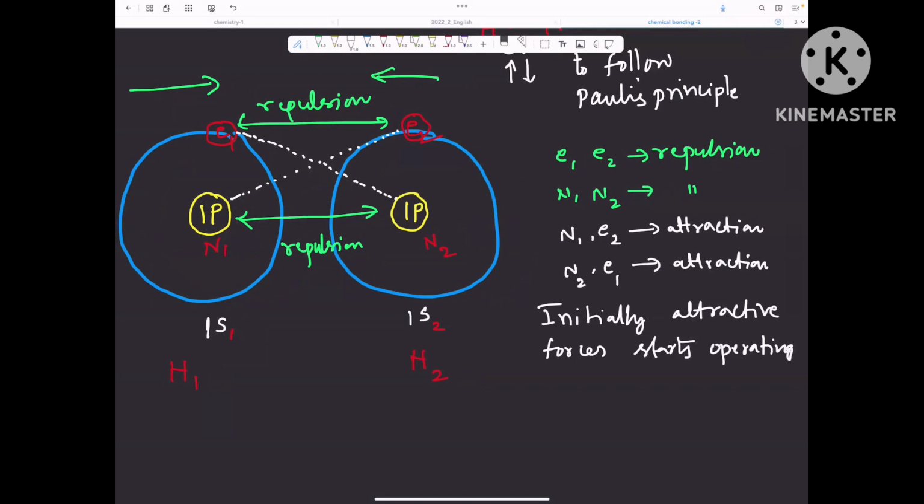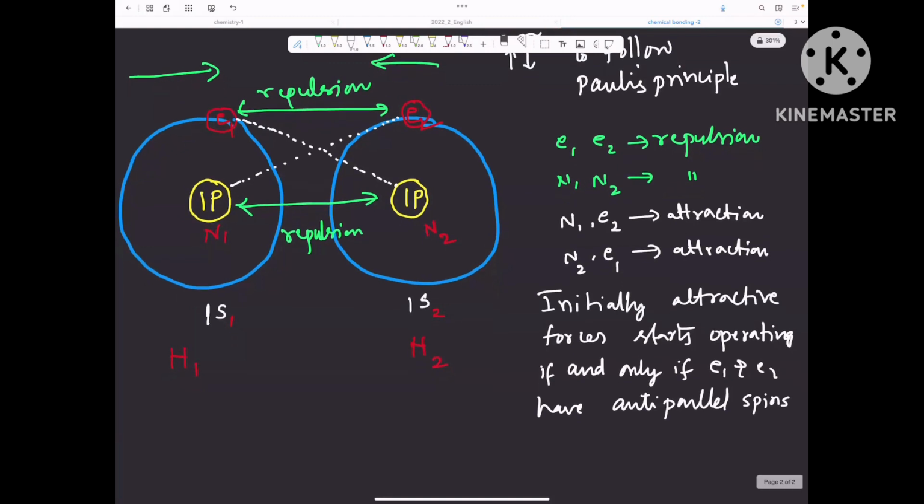Initially, attractive force starts operating if and only if E1 and E2 have anti-parallel spins, opposite spins. Anti-parallel spins. So you got the idea?